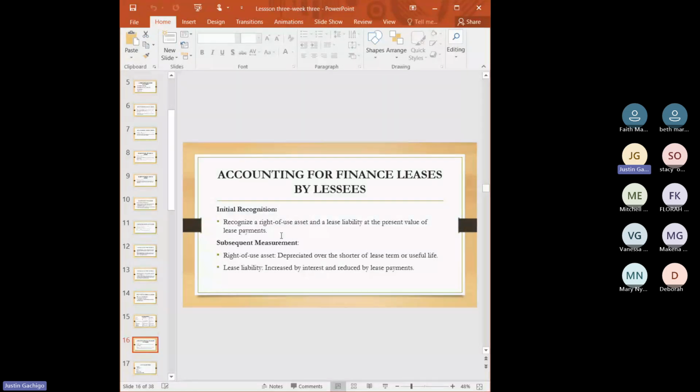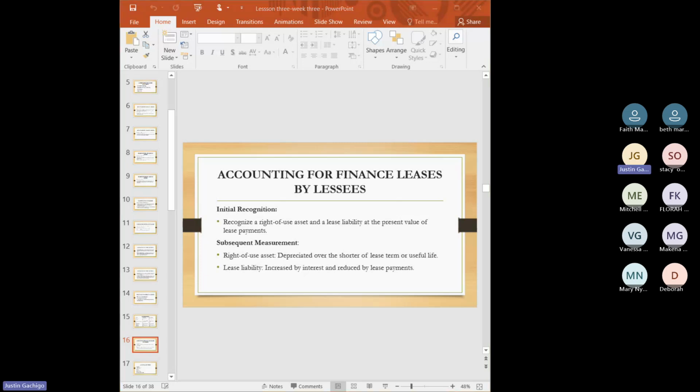Anytime a contract is brought before you as an accountant, and already you have classified that particular lease as, let's say, a finance lease, the first thing you need to do is to recognize the right of use asset and lease liability at the present value of lease payments. So let's say the contract is for 5 years, and in those 5 years, let's say you pay 5 million Kenya shillings.